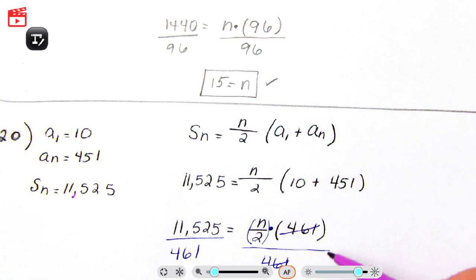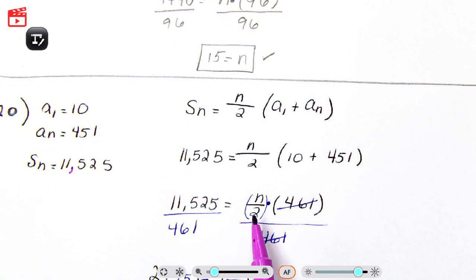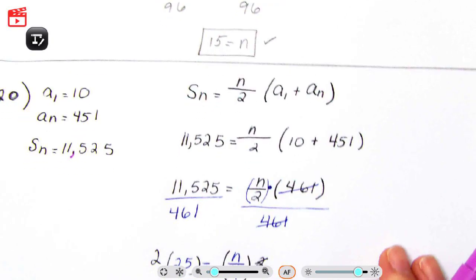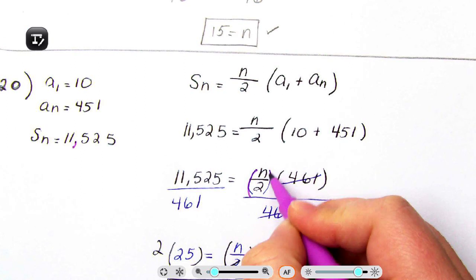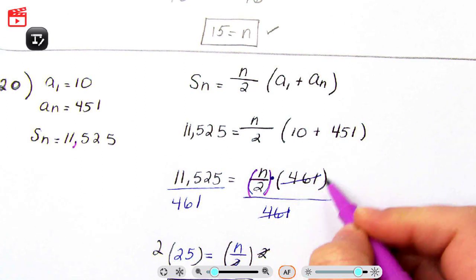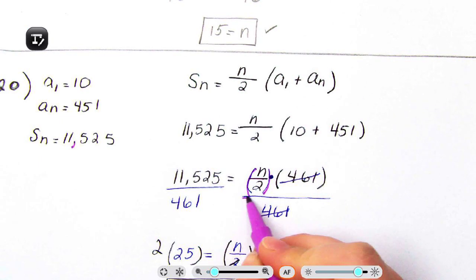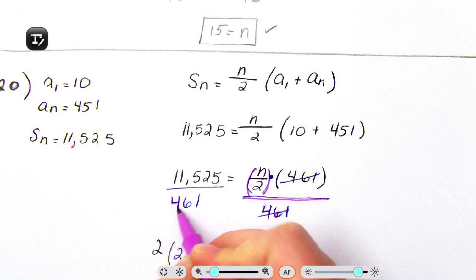Simplify, keep simplifying. So here you're adding 451 plus 10, that's 461. Divide if you can, but since 461 is odd, you can't evenly divide by 2. So what I did instead is n divided by 2 is attached to 461 by multiplication. So I undid multiplication by dividing by 461 on both sides.